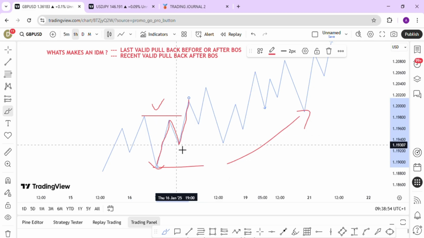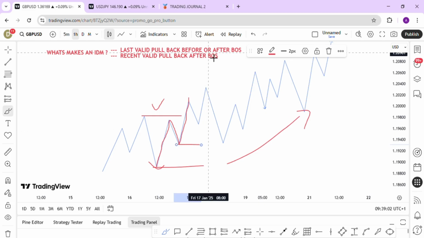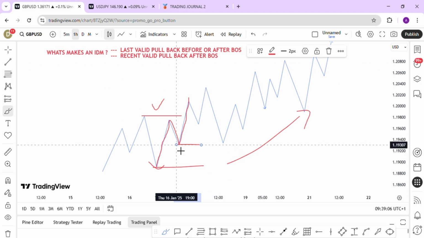This is the last valid pullback that the market made before the break. This is for the before. So now this is going to be our inducement, immediately the market breaks this structure.